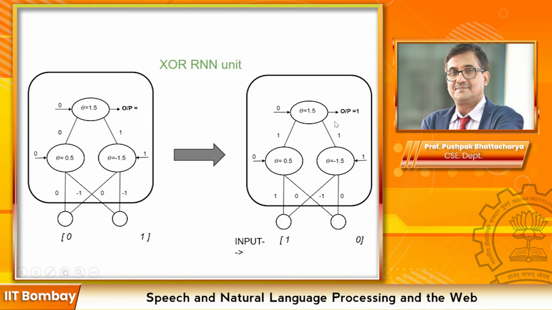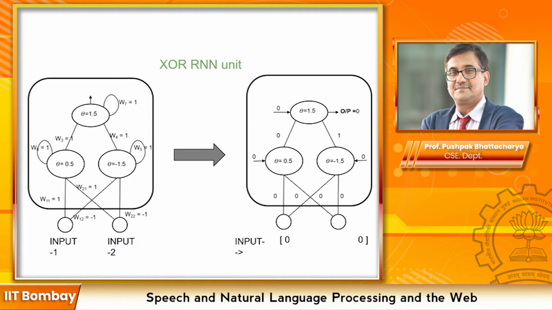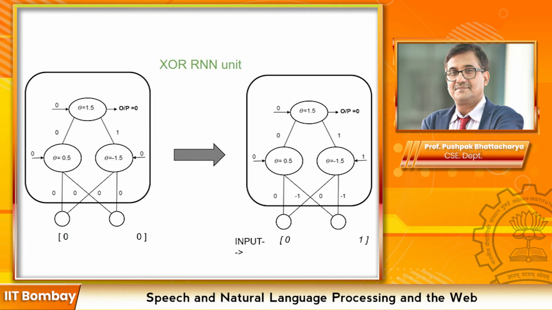Okay, and then this should have got output 1. All the connection weights are 1. And then again I have a 1, 1. Because there is an additional 1, the output is 1. So it is XOR to start with, but I think I should check all the values once again. But I guess you understand the operation.